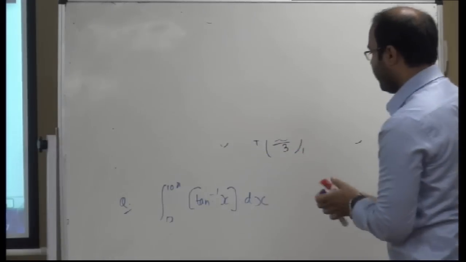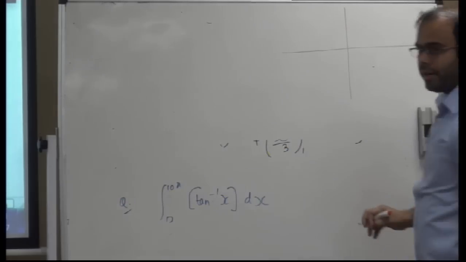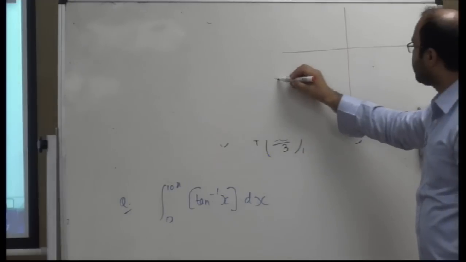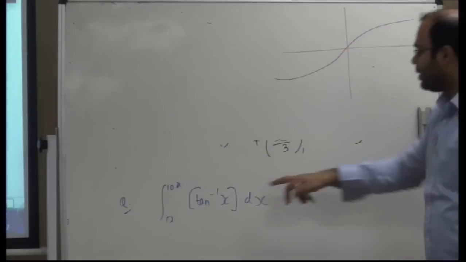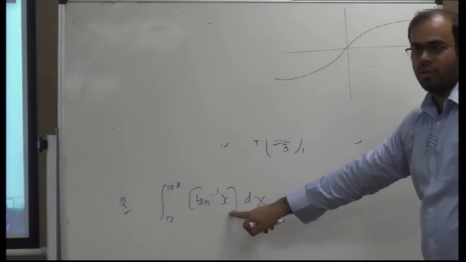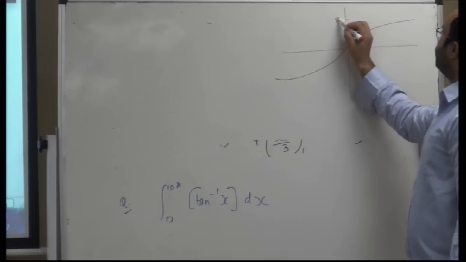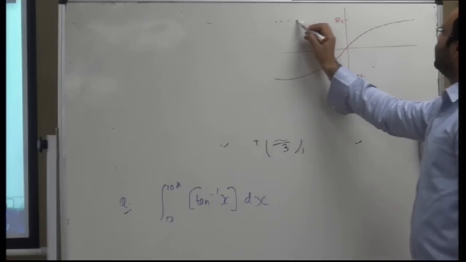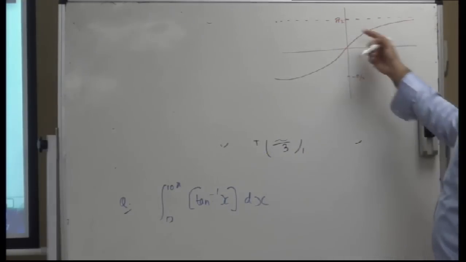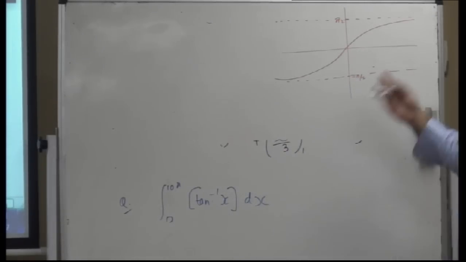The graph of tan inverse x, as you remember, in inverse trigonometric function we studied it like this. This was the graph of tan inverse x, where x is actually the value and tan inverse x is the angle. So the angle here is pi by 2 and the angle here is minus pi by 2, which is never achieved. You keep going to infinity and here you keep going to minus infinity on the negative x axis.